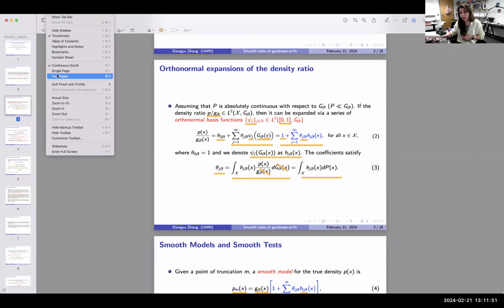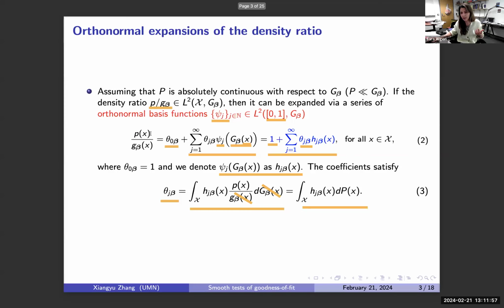If the model that you're testing is correct, G beta of X is uniform. So if you frame it this way, you're basically doing a test for uniformity, and therefore your natural choice for the psi j's are the shifted Legendre polynomials. But in principle, you can pick any basis which is orthonormal with respect to this G beta.